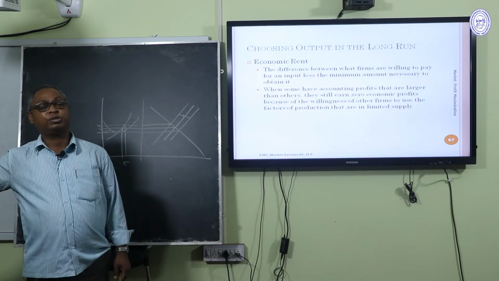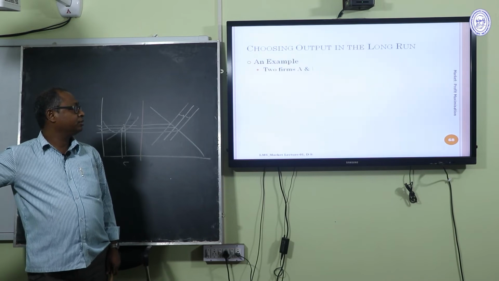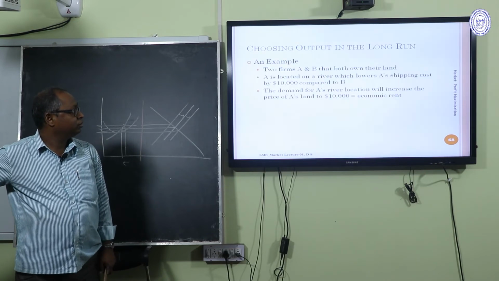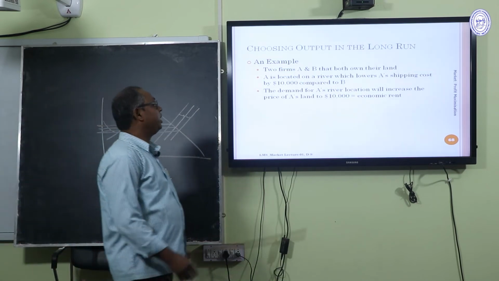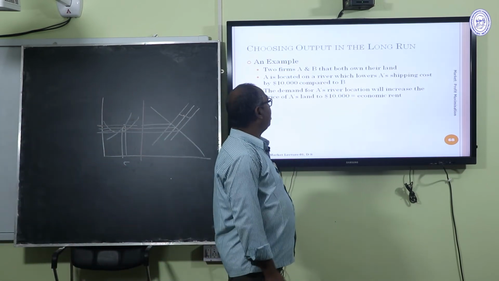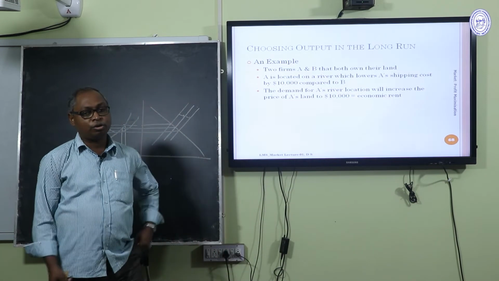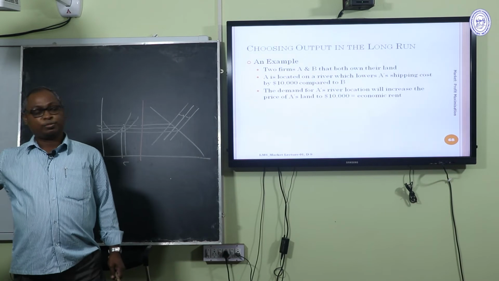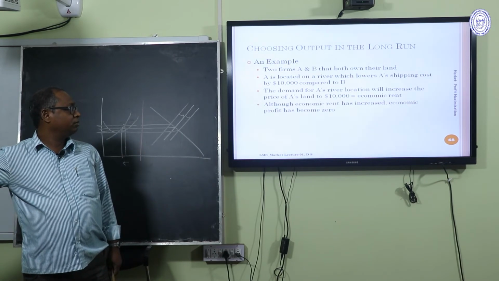I'll explain later what the economic rent is. Now this is the long run situation, and here, choosing output in the long run, how will the firm choose long run output? This is one example.